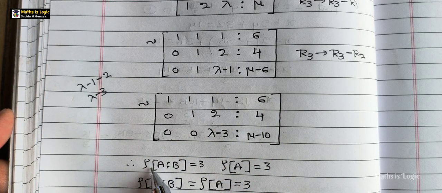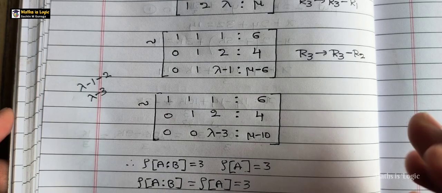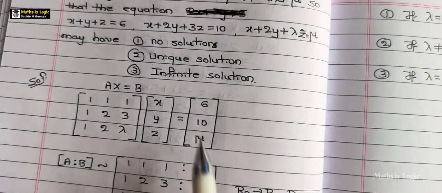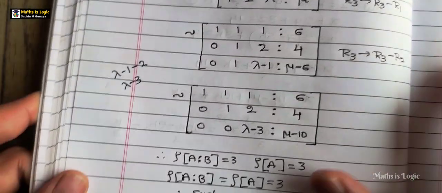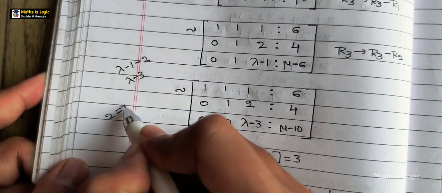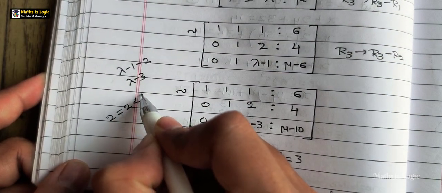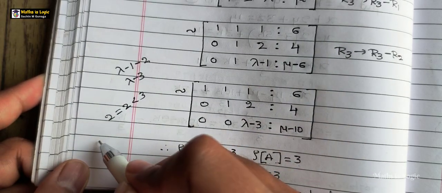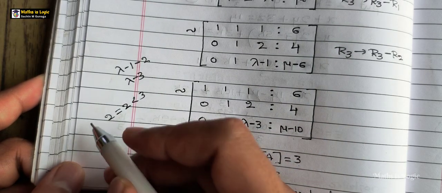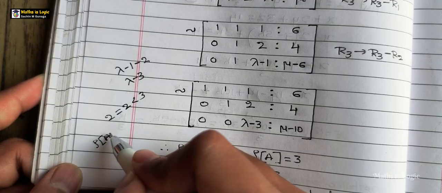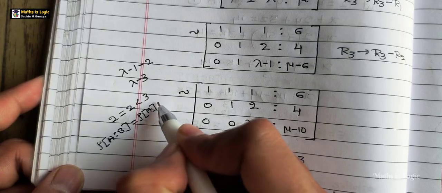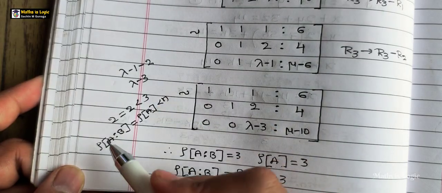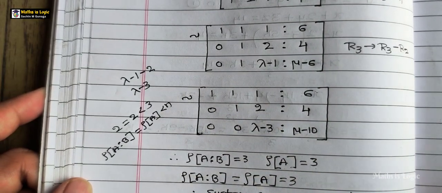But how many unknowns n are there here? 3. So 2 equals 2, which is less than 3. Third condition: when we get infinite solutions, rank of augmented matrix is equal to rank of coefficient matrix, which is less than n, then only we will get infinite solutions.